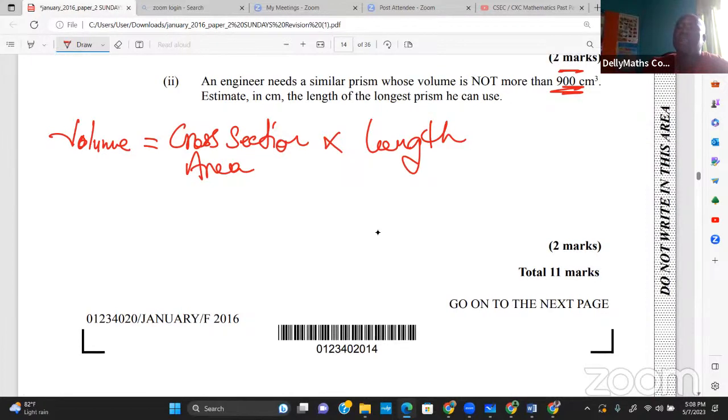So you're going to use substitution now because it's the same shape, except that the length will change. So you're going to put the 900 where it belongs. It's volume, so I'm going to say 900 is equal to the cross section, which is 44.13, times the length that we don't know yet.